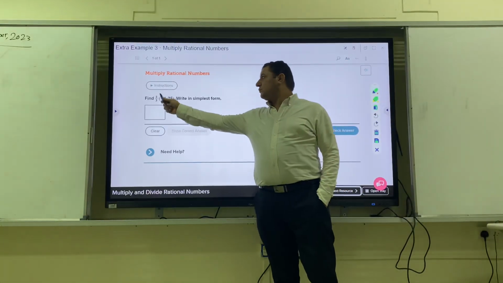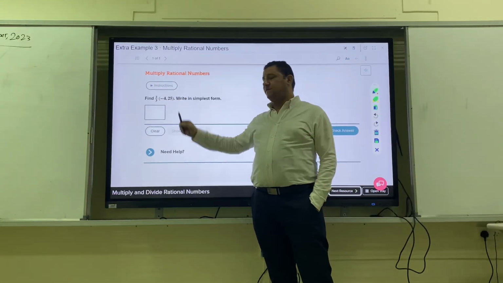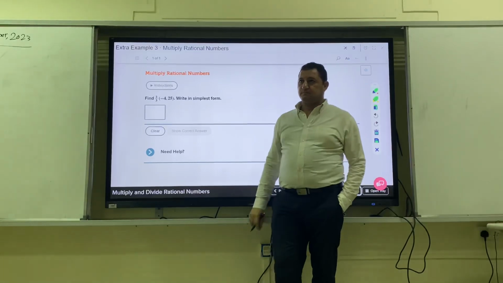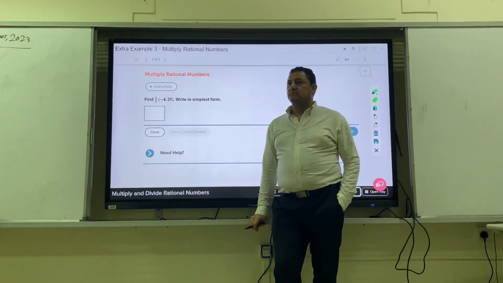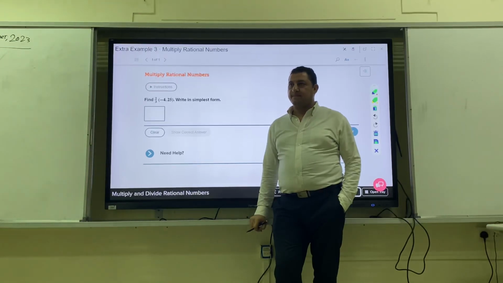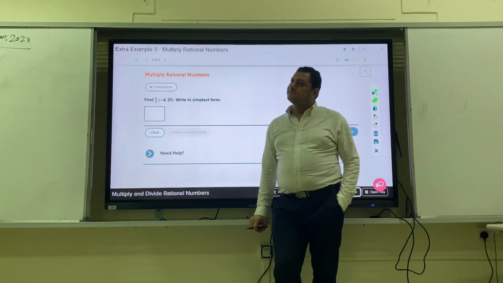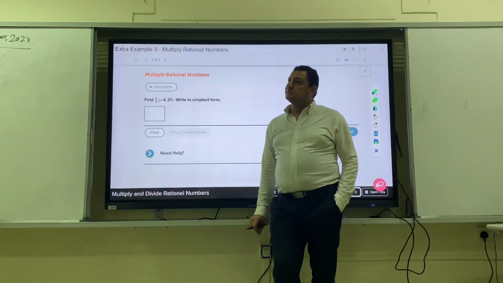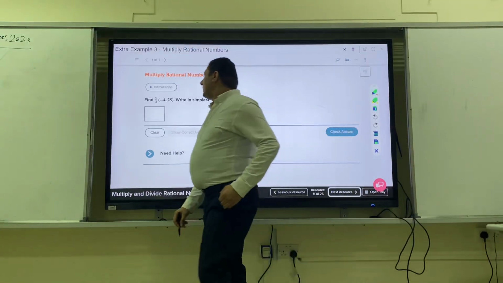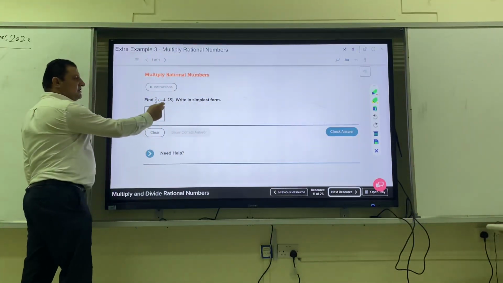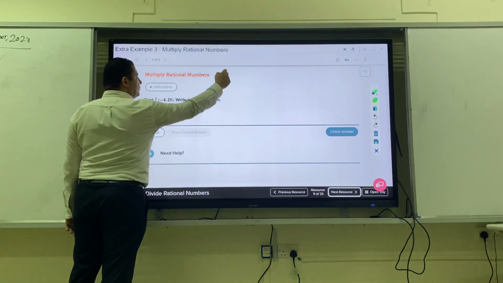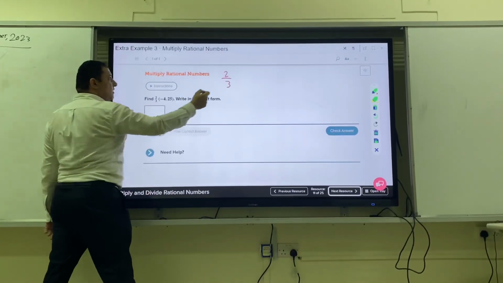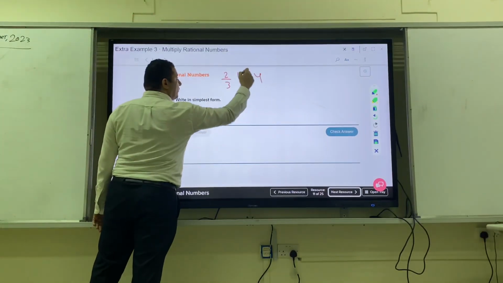You'll find 2/3 times negative 4.25. Okay, so we are converting the decimal into a fraction. So we have 2/3 as the first fraction, multiplied by negative 4.